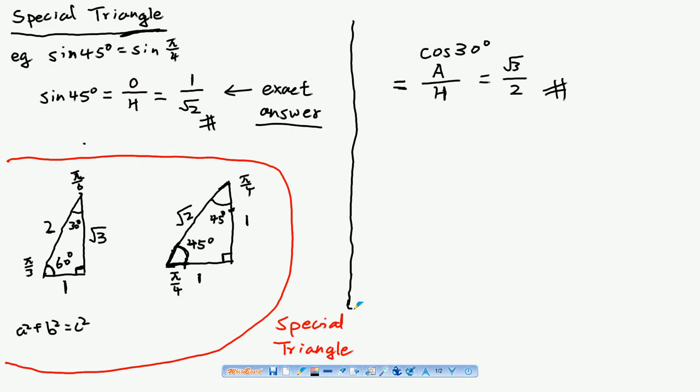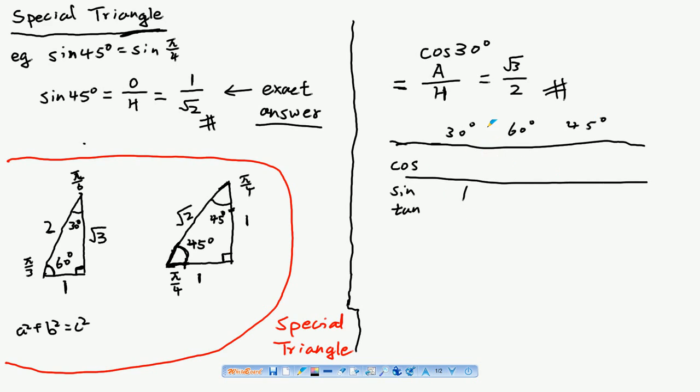Okay. Again, in your book there will always be a table like this. In some books they will have a table of cos, sine, and tan, with 30 degrees, 60 degrees, 45 degrees, and all the values there.